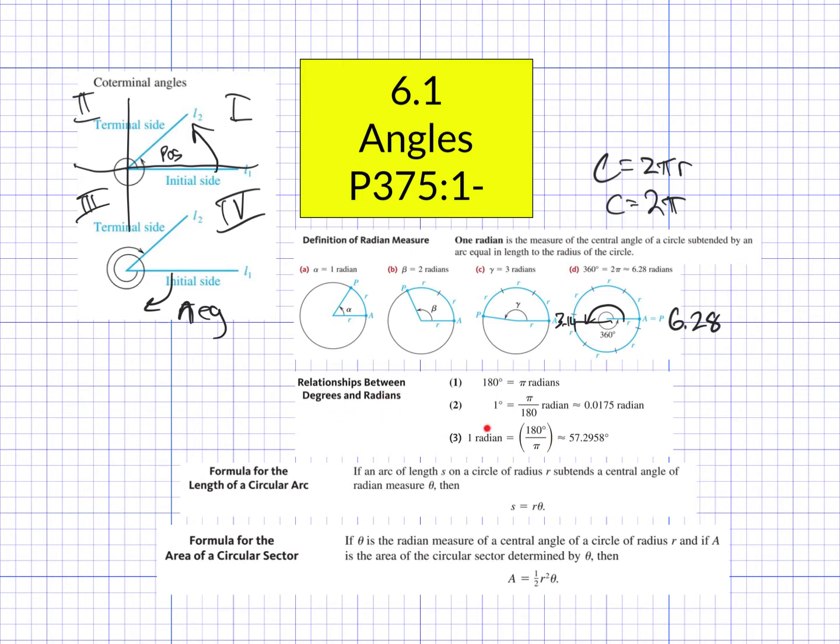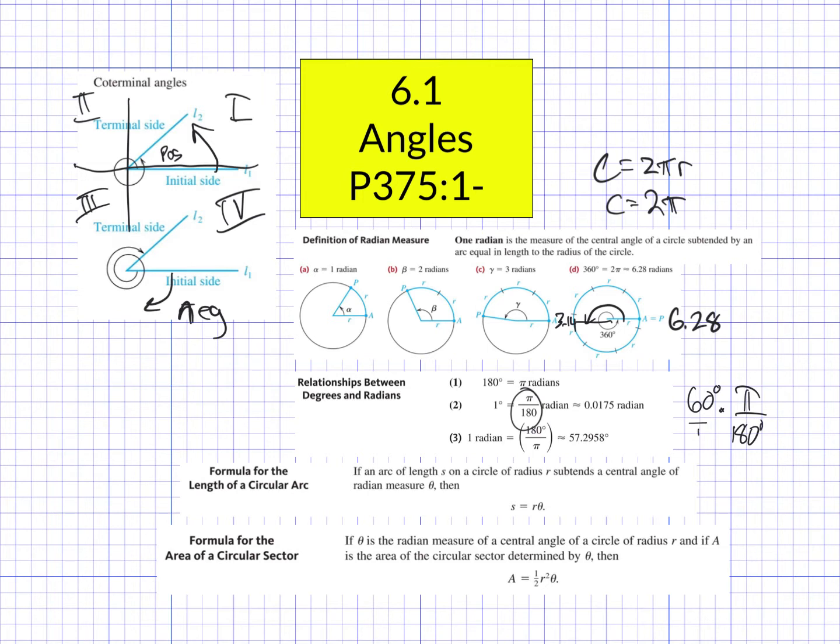How do you convert radians and degrees? Well, here's the easy way to do it. If you want radians, then put the radian unit on top and multiply by it. So if I want to convert 60 degrees to radians, I need to have the radians on top and the degree on the bottom. Radians is in terms of pi, and degrees is just degrees.